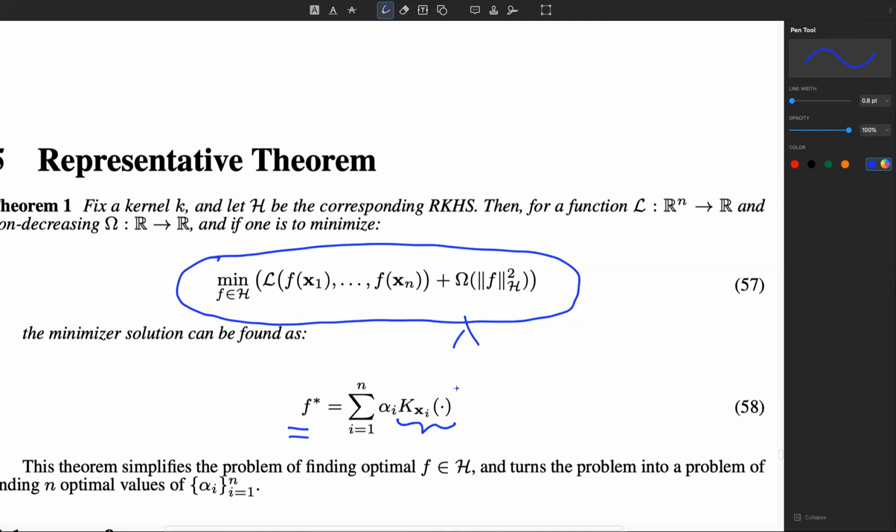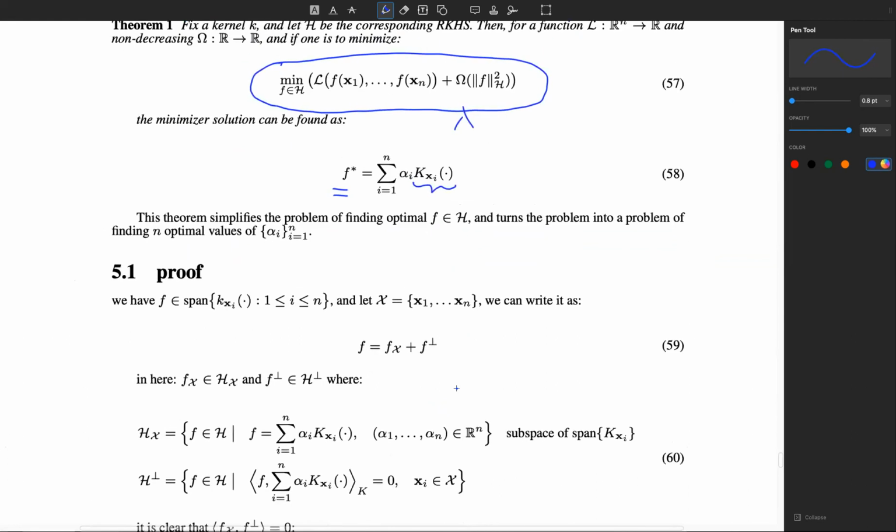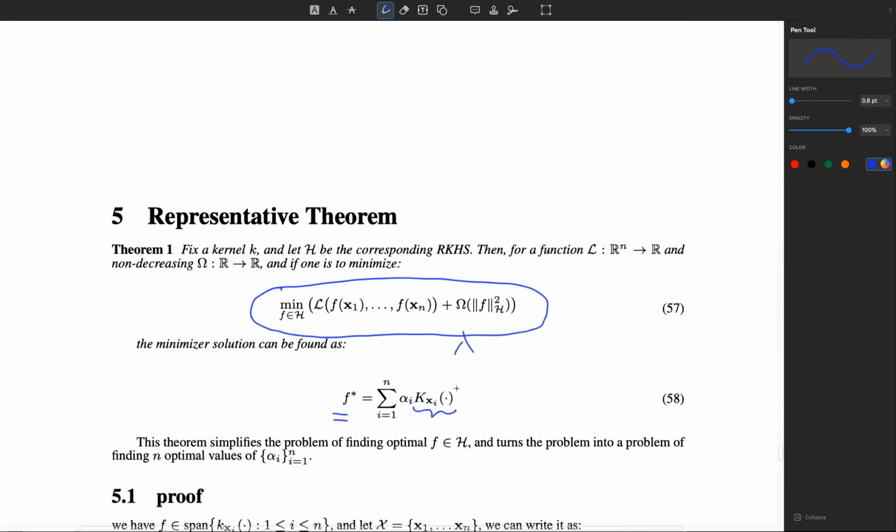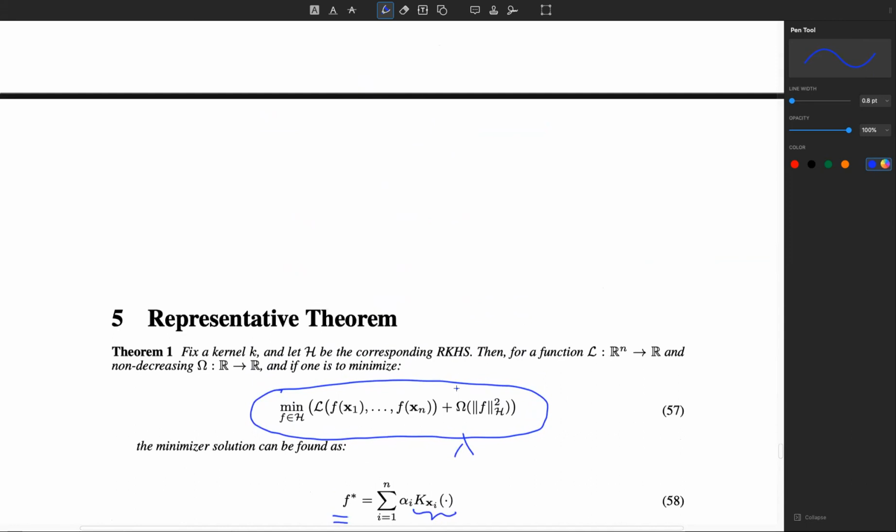So basically, what are we trying to do now is this. If I plug in this thing in here, if I know this has got to be the solution, let's take a look. This will become f, which I substitute this guy in. So if I substitute this in, I'm going to get something like the sum over i of alpha i k x i.